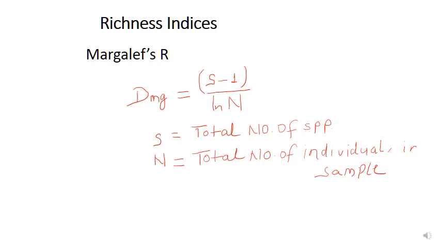Next index is Menhinick Richness Index. It can be denoted by DMn.